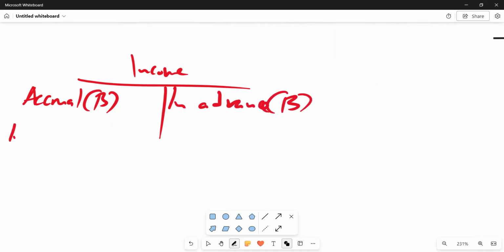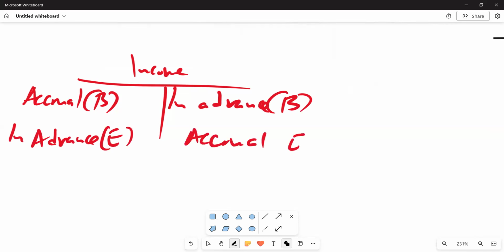So in advance at the end comes on the debit side, and accruals at the end will come on the credit side.